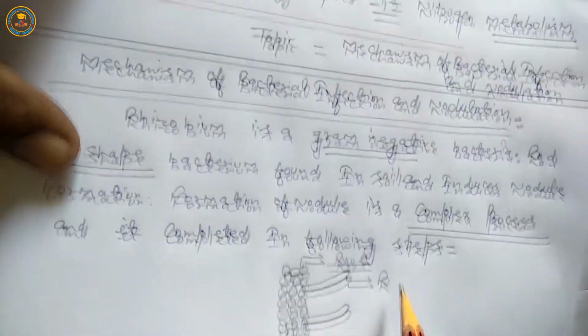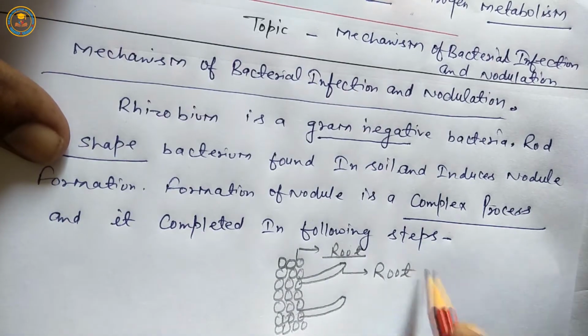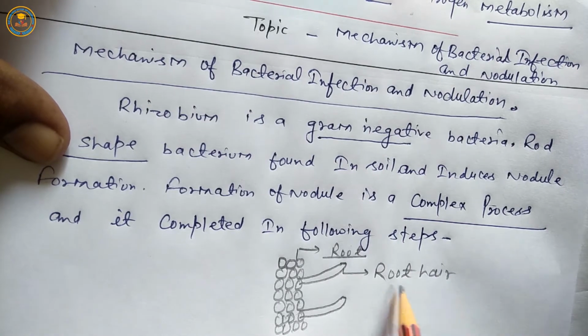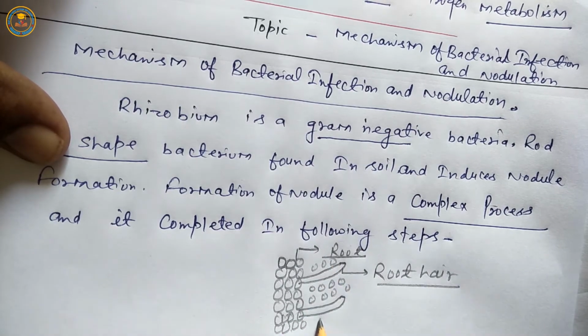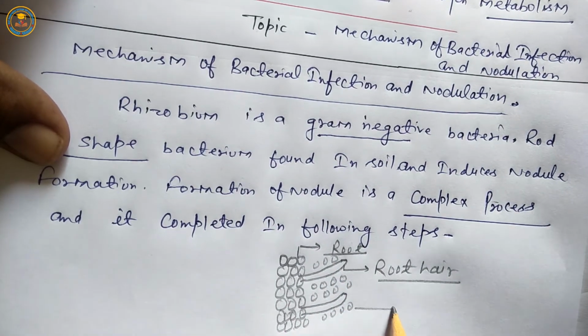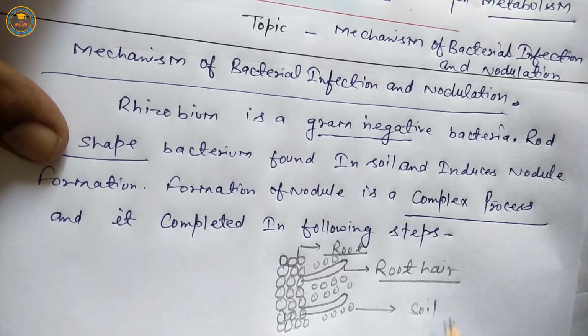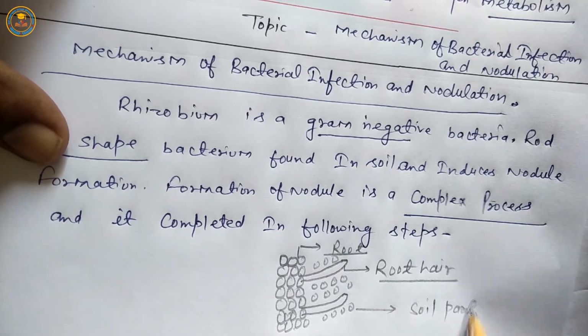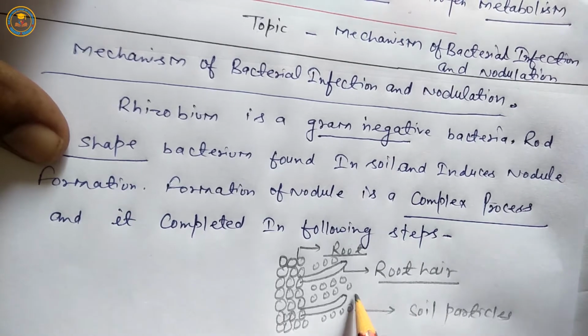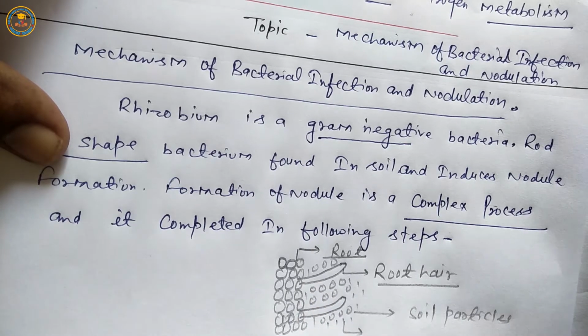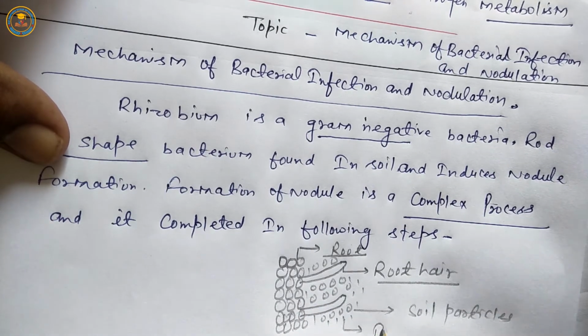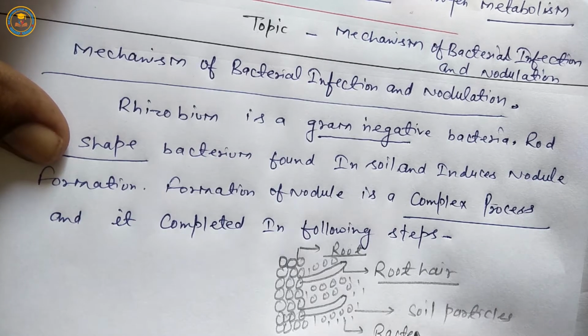Second, this is a root hair. Next is the soil particle. Next is rhizobium bacteria.